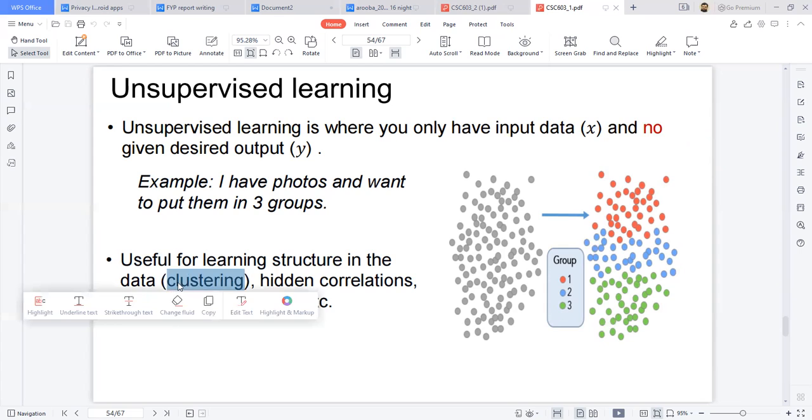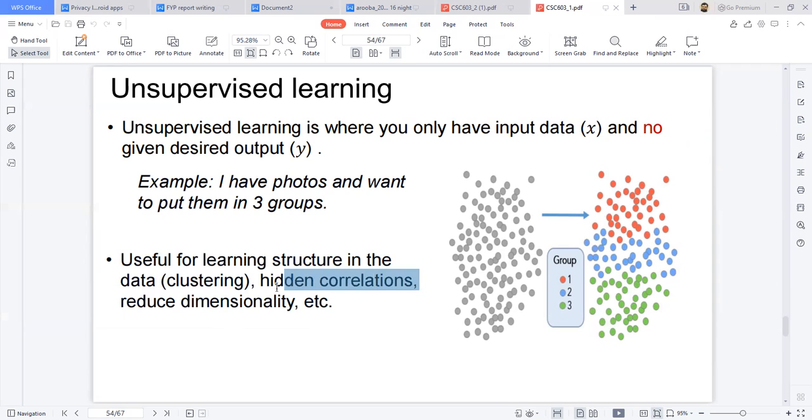You have to find the structure and group or cluster the data. Hidden correlation means there will be some correlation, some similarity, some relation. Based on that relation, you have to make the groups. And you have to reduce the dimensionality.